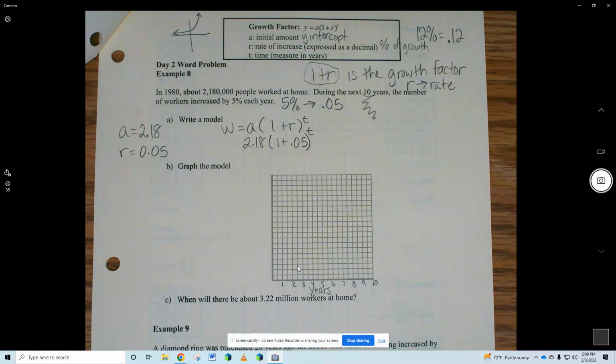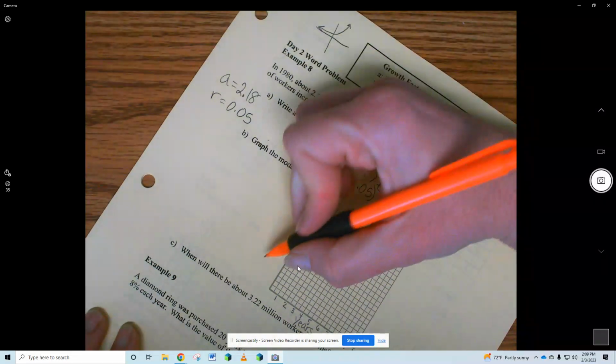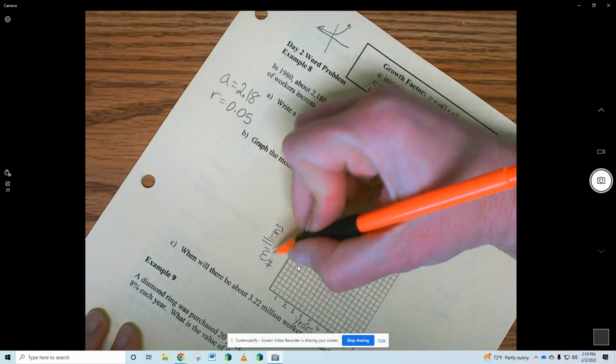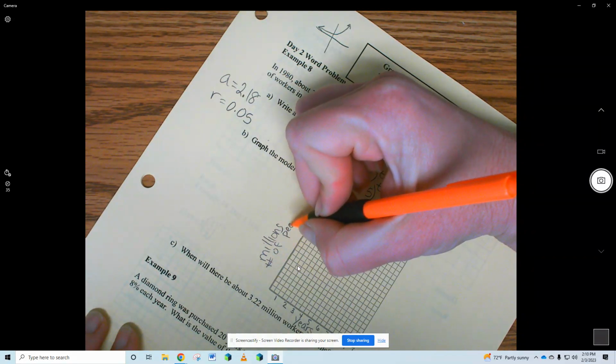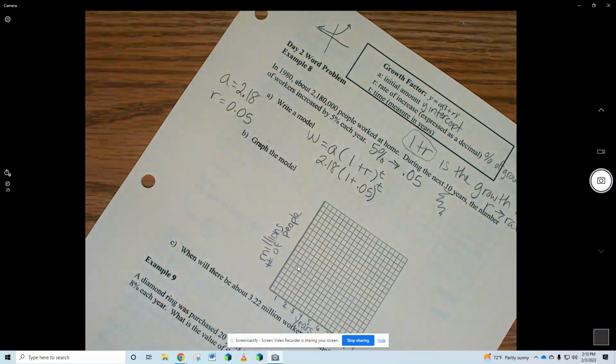Okay. So there's that. And then I need to label my y-axis. This is going to be millions. The number of people. And I just want to go, because I already know the answer, I'll go 4 million.